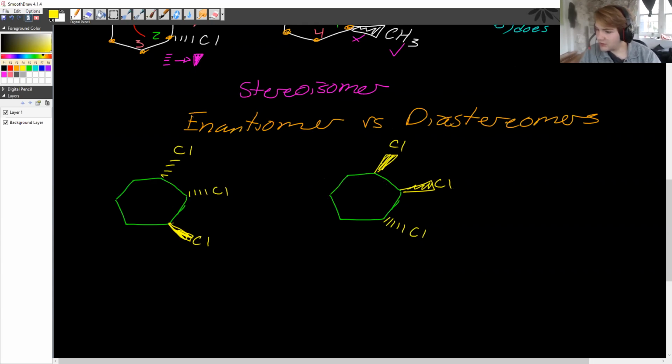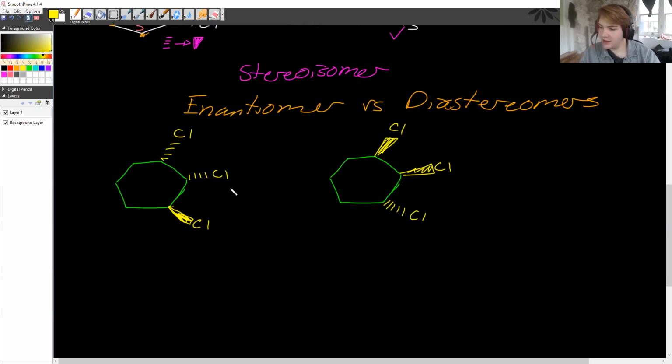But what I want you to consider is that if we take this molecule and rotate it, putting a line right through it and spinning it this way, we get something like this.